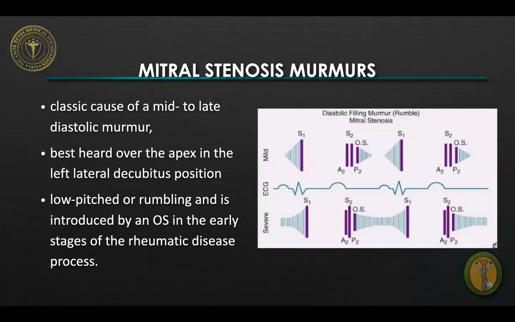Mitral stenosis murmur. This is a classic cause of a mid to late diastolic murmur. It is best heard over the apex in the left lateral decubitus position. It is low pitched or rumbling and is introduced by an opening snap in the early stages of the rheumatic disease process.